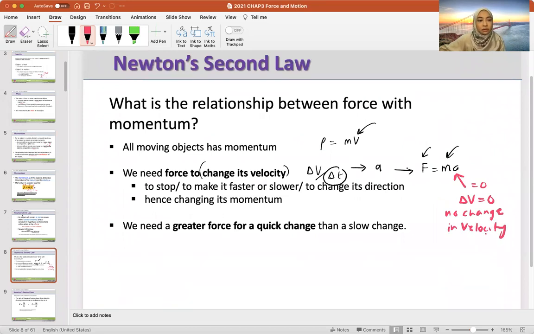Okay, no change in velocity means a equals 0. There's no force. So for force to happen, you need to have a change in velocity, first, because you need to make it slower or faster. That's obvious, right? And then when you change the momentum, you will also have that force because you are changing velocity. So we need a greater force for a quick change rather than a slow change.